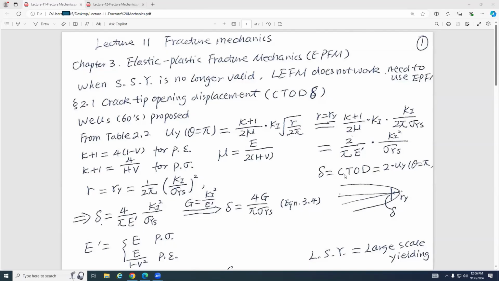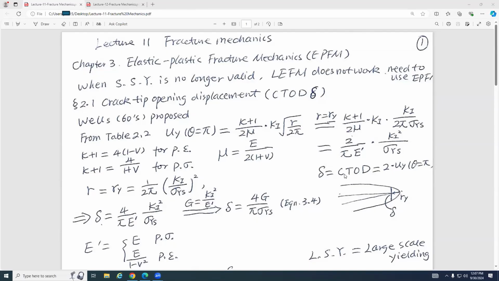The last time we talked about the small scale yielding, right? For this edge crack, we have some inequality requirements.